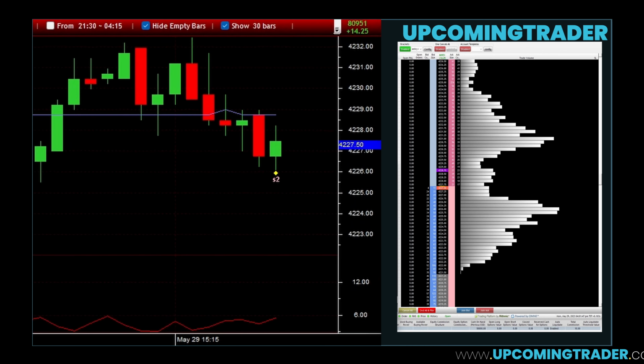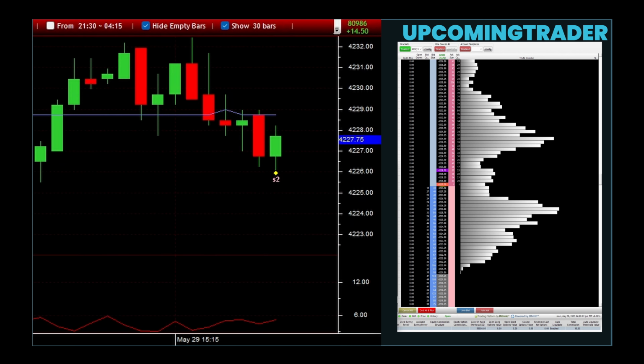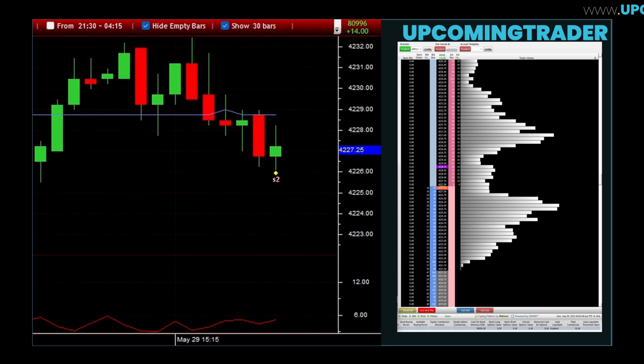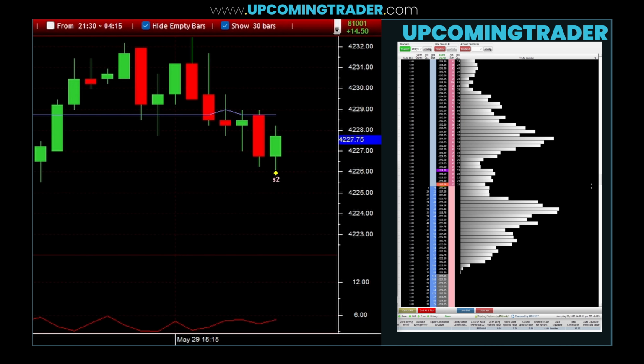Have you ever wondered where the market truly finds its value during a trading session? The TPO chart, or time price opportunity chart, is your key to unlocking that understanding. Simply put, a TPO chart is a tool that shows you exactly where the price has spent the most time during a trading session, acting like a heat map that highlights where the price lingered the most.